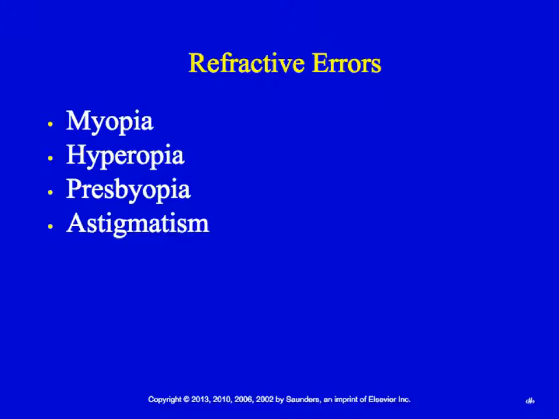Lucky for us, they've come up with multiple ways to fix these refractive errors, whether it be glasses, or the surgical interventions that are pretty common these days, like LASIK surgery. A patient has multiple choices. They can simply wear eyeglasses. If they go to the eye doctor, they can get a prescription pretty quickly.